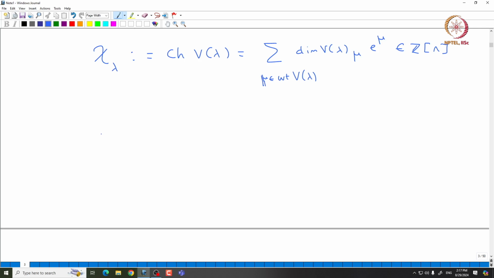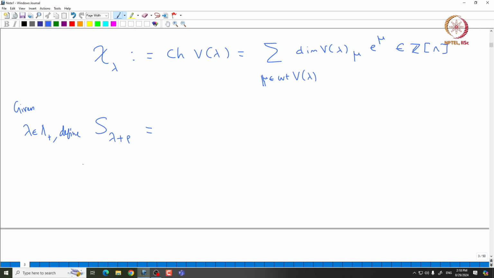For that purpose, let us define these Weyl sums. Given lambda dominant, we define S lambda plus rho, which is the numerator that you find in the Weyl character formula.